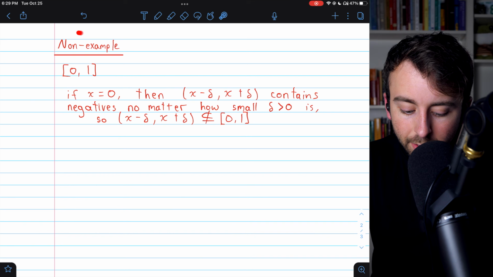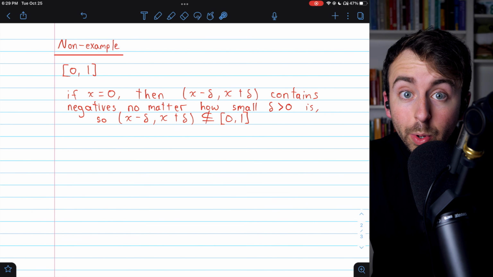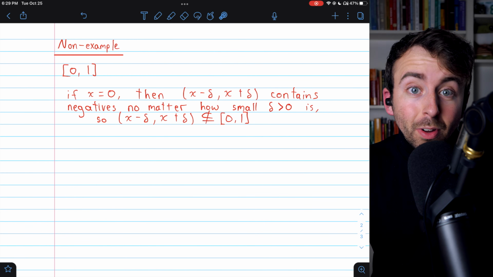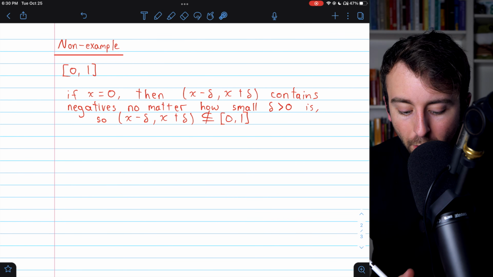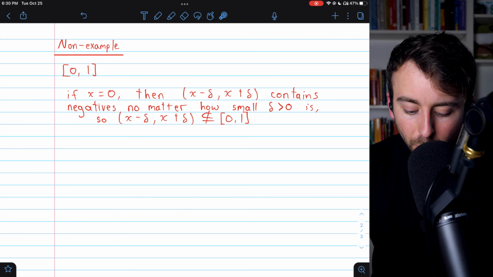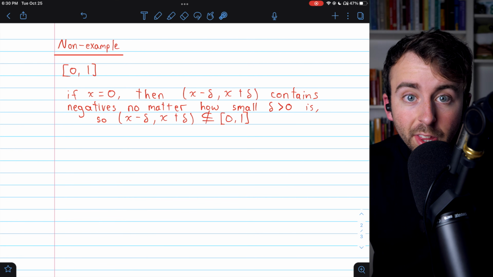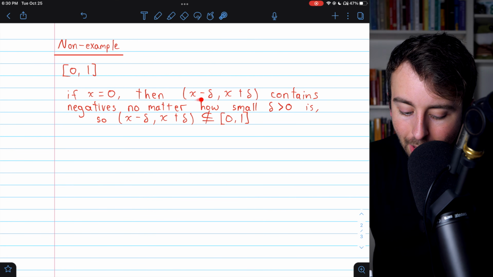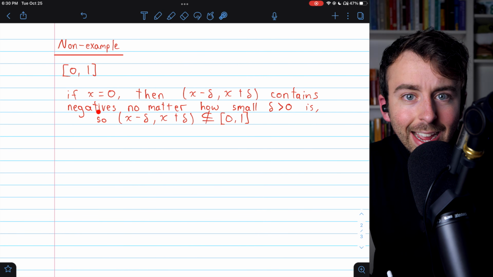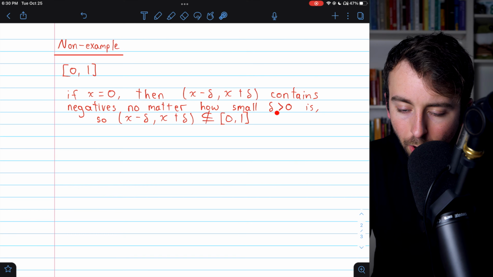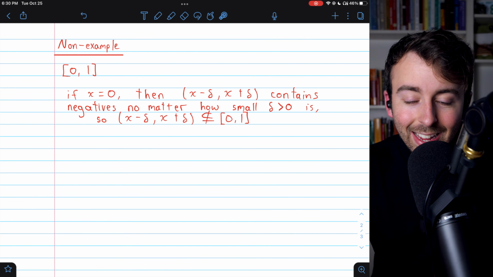And a quick non-example before we go. As we would expect, closed intervals are not open. For example, to show you why this one is not open, if x were equal to, say, 0, then the open interval from x minus delta to x plus delta will surely contain negatives, no matter how small that positive number delta is.